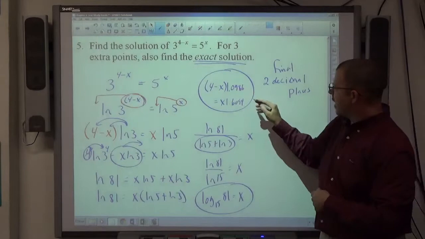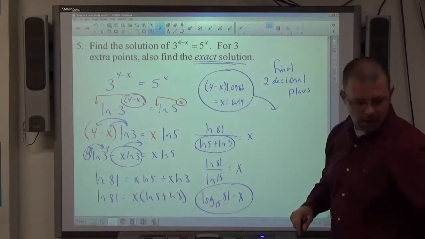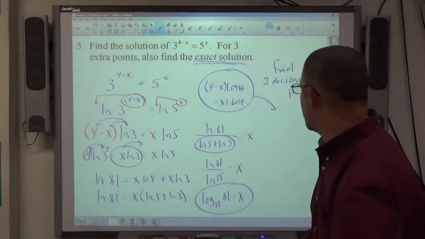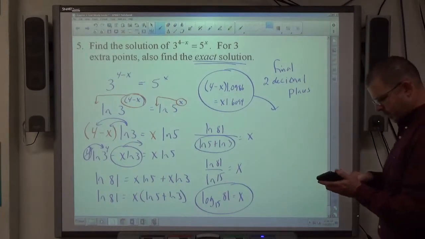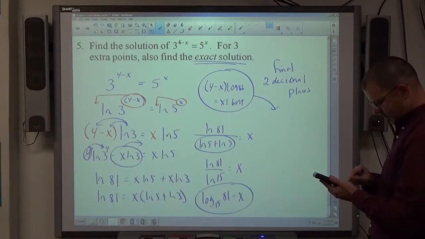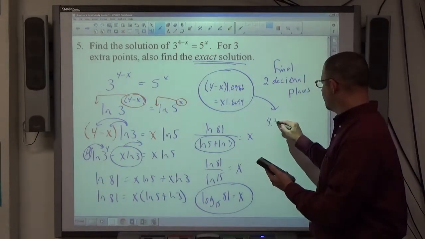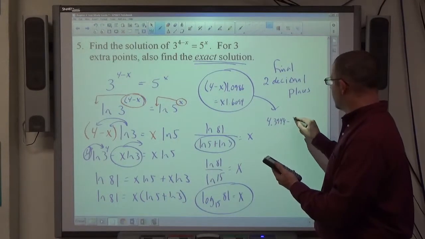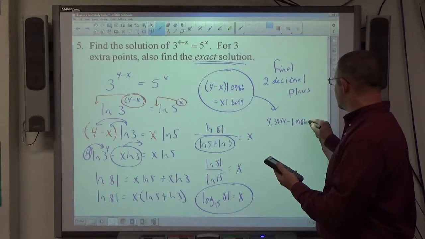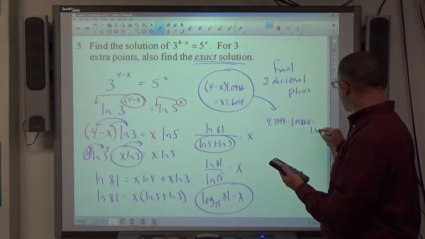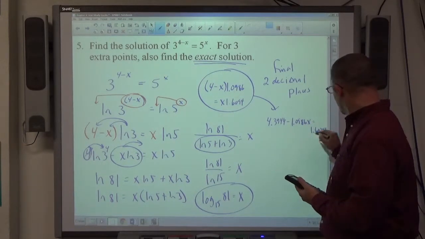If I had gone this route, 4 times 1.0986 comes out to 4.3944, minus 1.0986x equals 1.6094x.